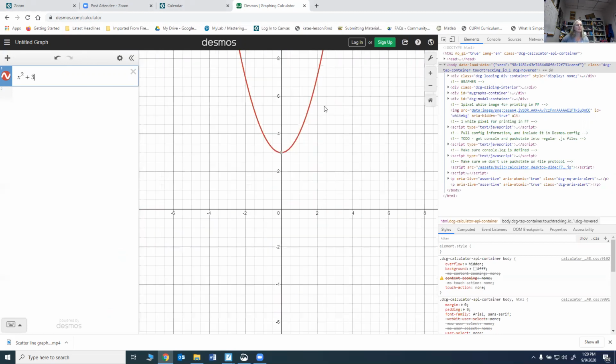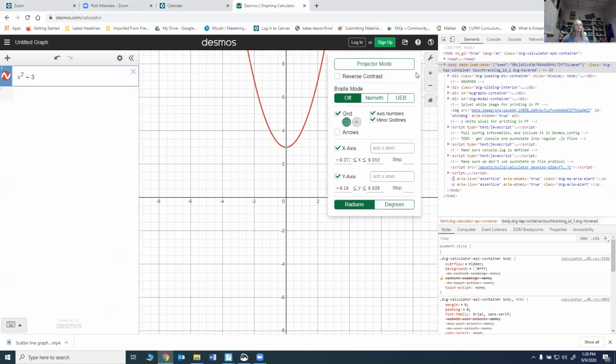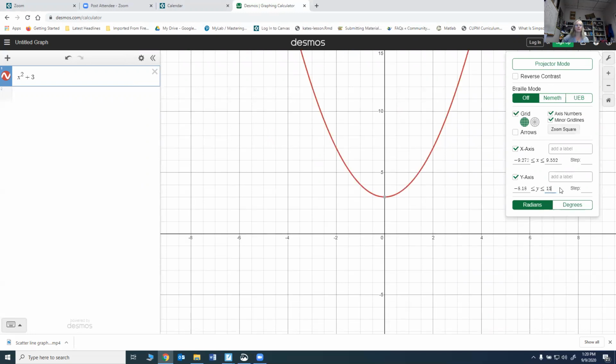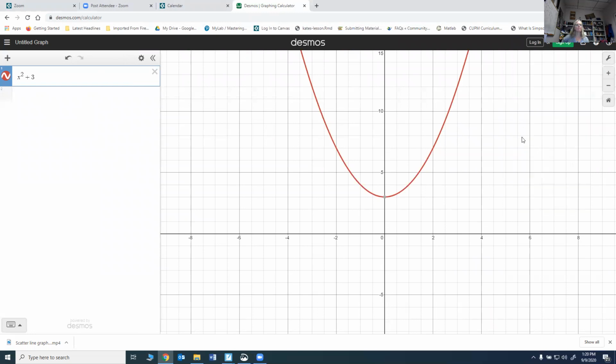Let's change our window a little bit here. Maybe have our x's go all the way up to, I don't know, 15. And so as we're heading towards 1, it looks like we're heading towards the number 4.